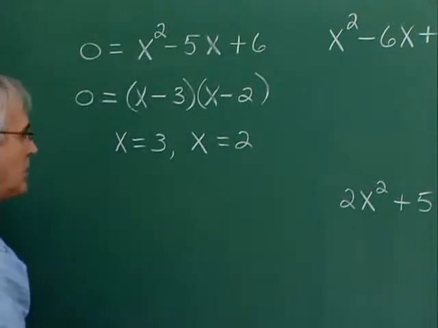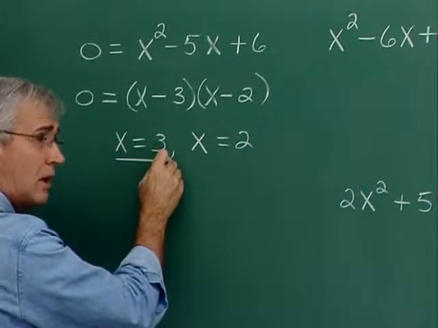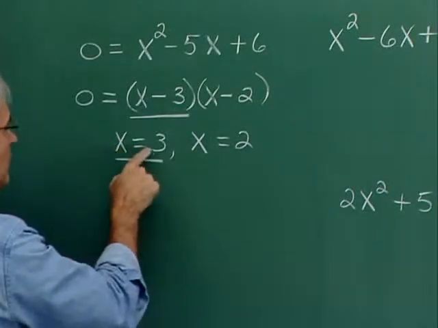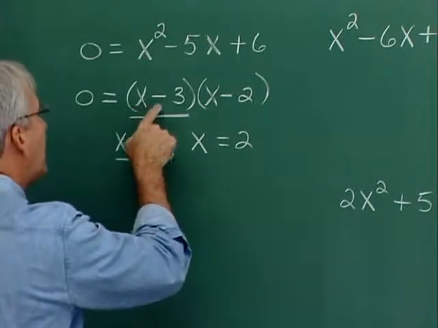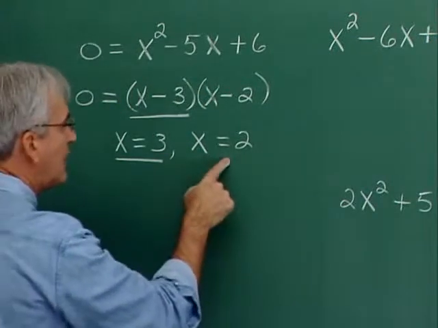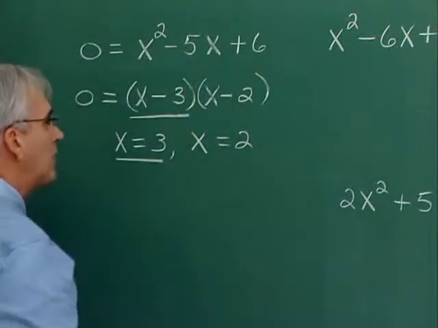Now, I also want you to notice that the solutions, or the zeros, also lead us to factors. That is, if x equals 3 is a solution to the equation, then x minus 3 is a factor of that polynomial. 2 is a solution, or a 0. x minus 2 is a factor of that polynomial.